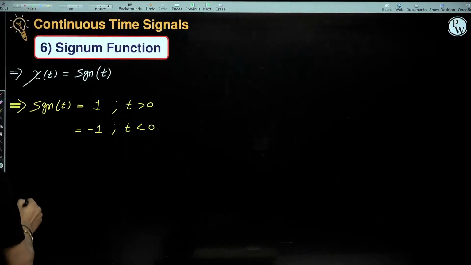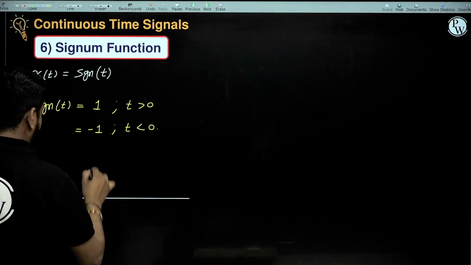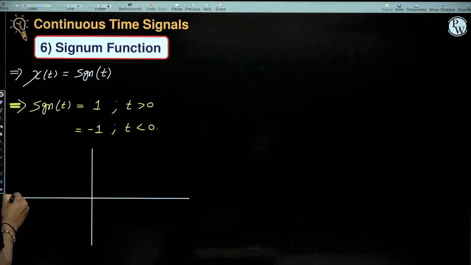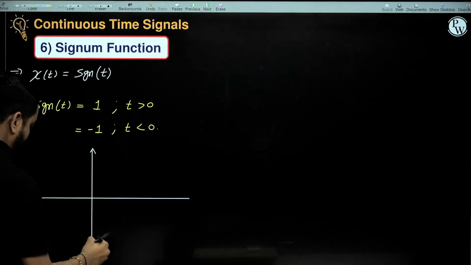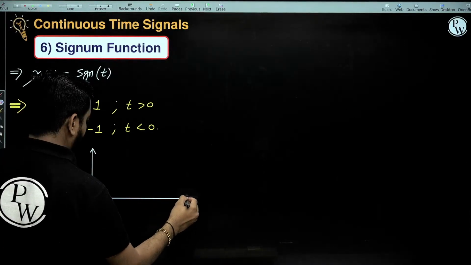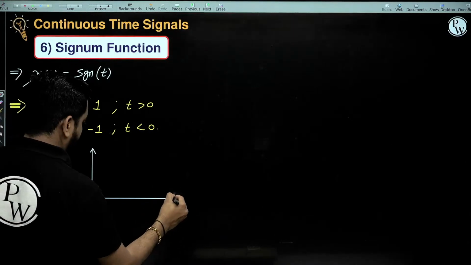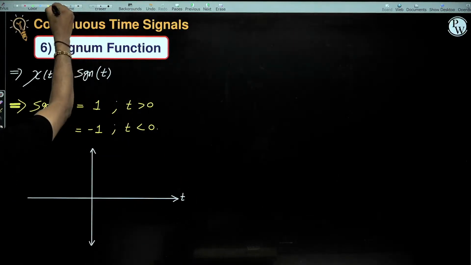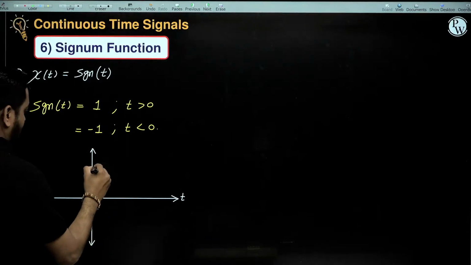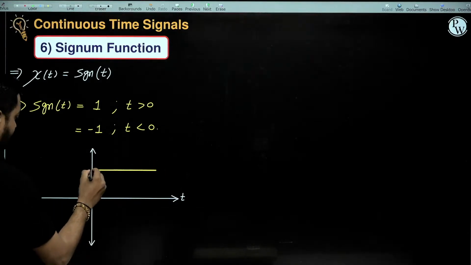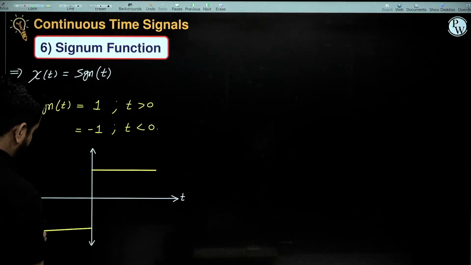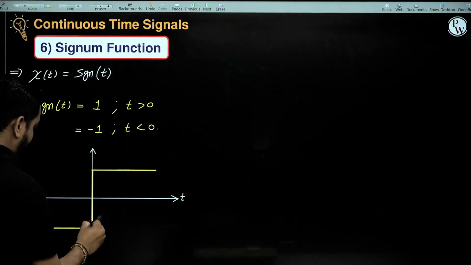So graphically it looks like this. For t greater than 0, amplitude is 1. For t less than 0, amplitude is minus 1, correct?